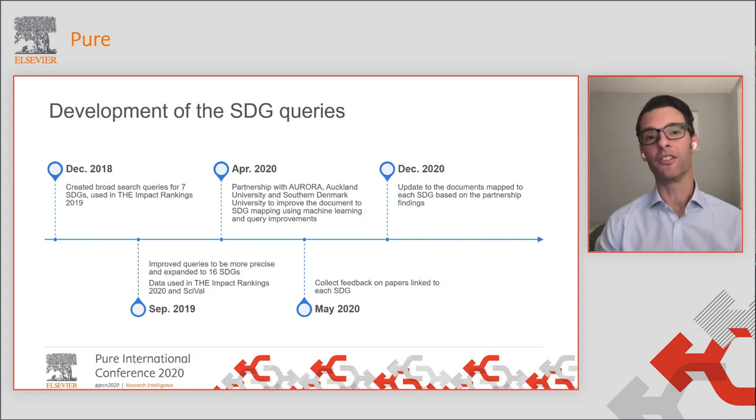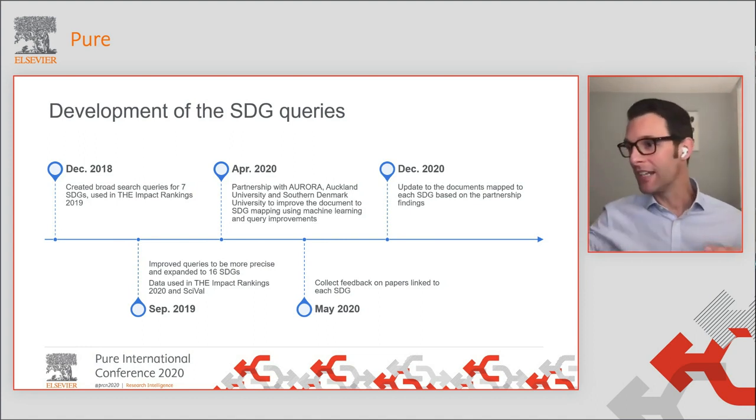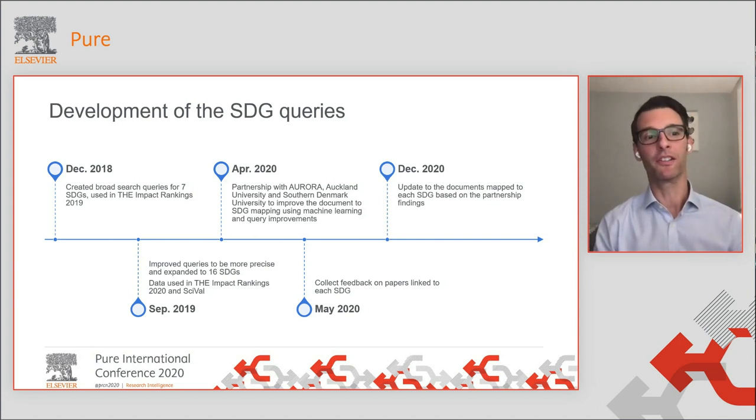And we're using a combination of machine learning and query improvement to improve this mapping. We also started collecting feedback about the papers. So you can give feedback on the SDGs and help us actually validate our data sets. And I'll show some more on that. And we will have an improved query. The idea is to have an improved query by the end of the year. It may extend into next year because COVID has kind of pushed everything a little bit so far as the timings are concerned.